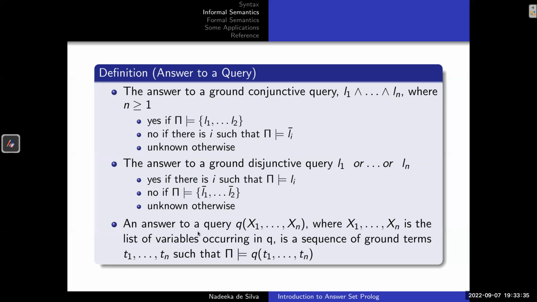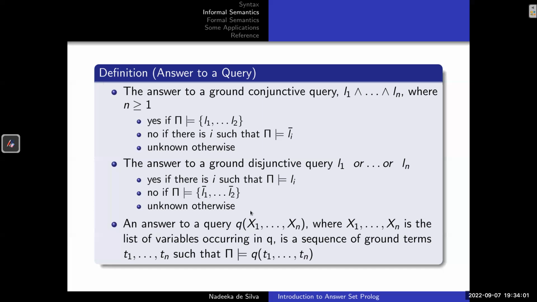And if we answer a query of this form, a predicate Q and a tuple of objects with a variable, it will give all the objects T such that the program entails Q of these objects.